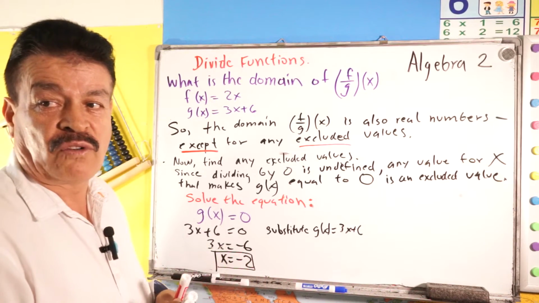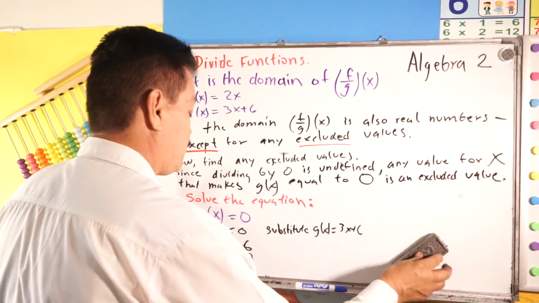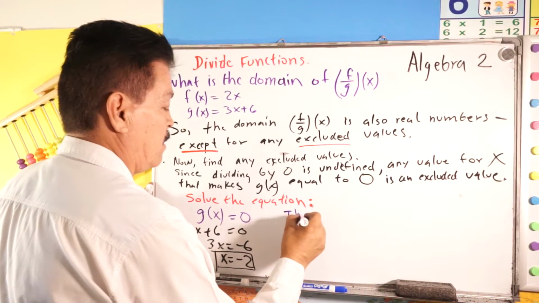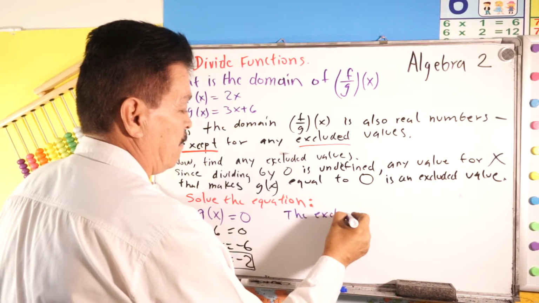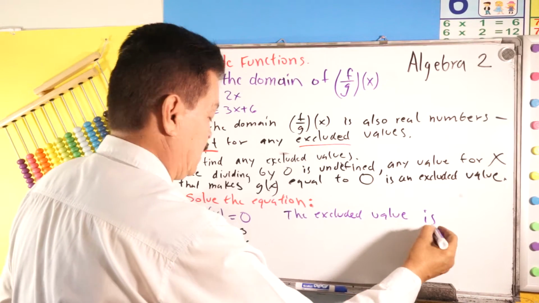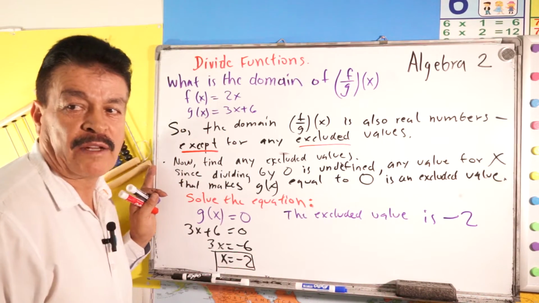So the conclusion: the excluded value is negative 2.